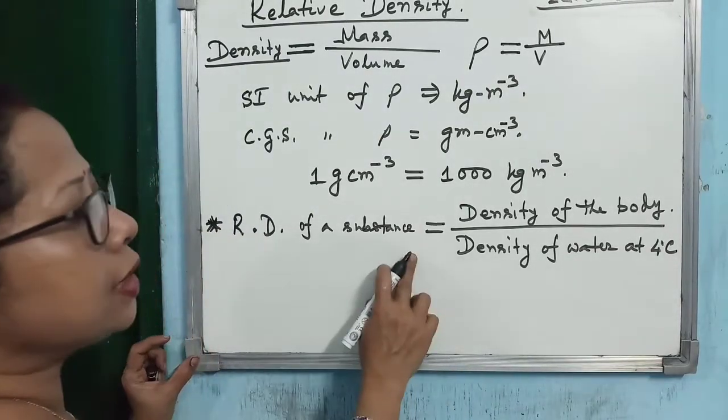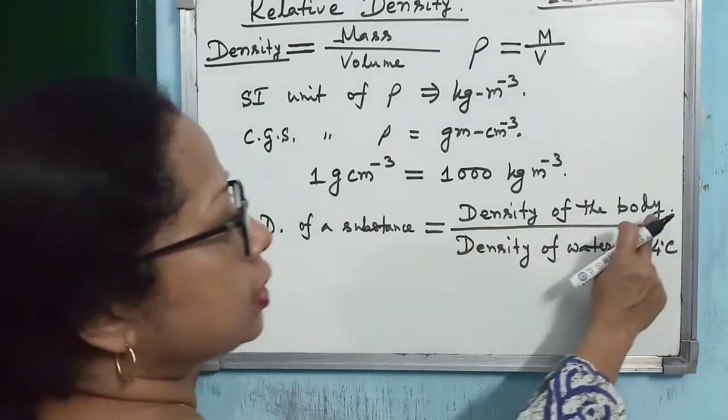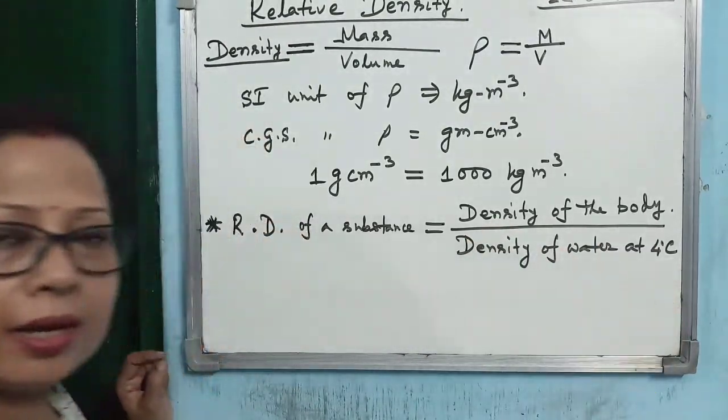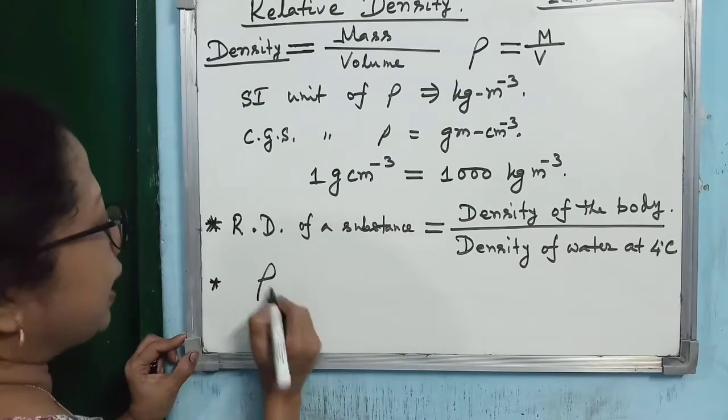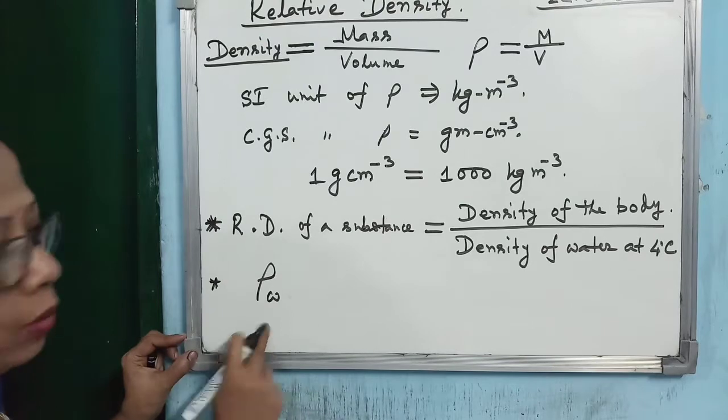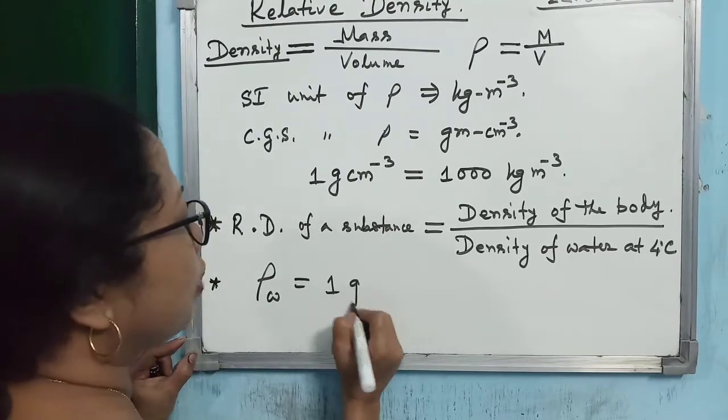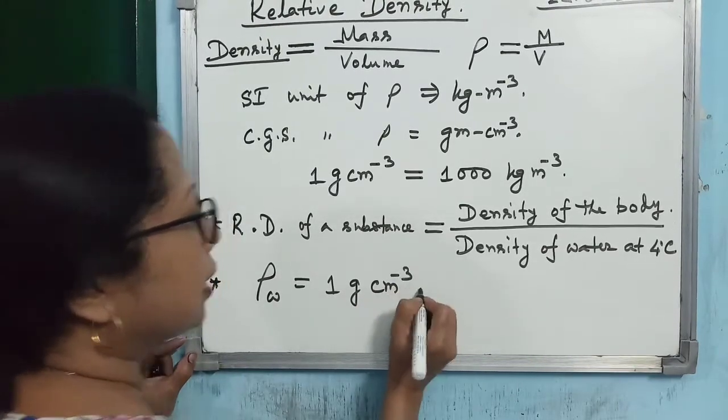So relative density of a substance is the ratio of density of the body by density of water at 4 degrees Celsius. Now, as you know, density of water, rho W, is 1 gram per centimeter cube.